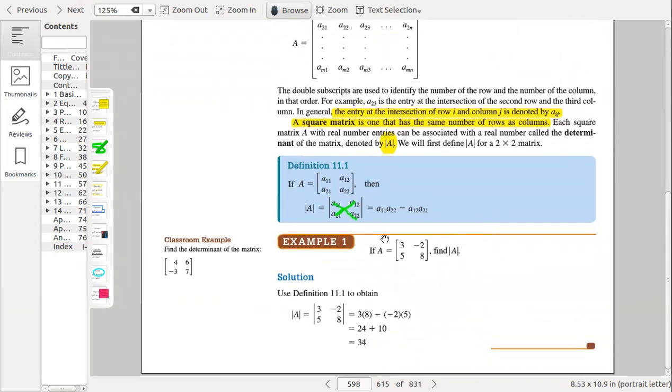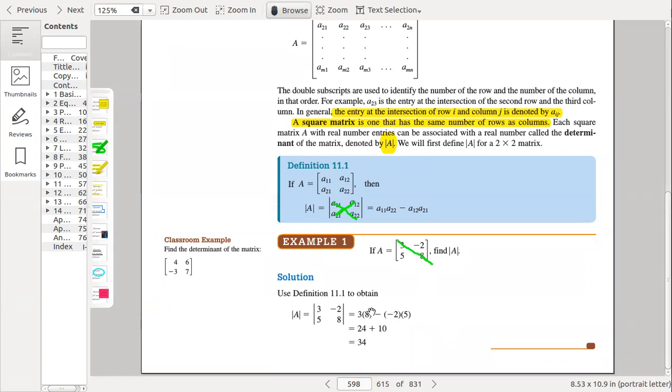Here is an example. If A has rows 3, minus 2 and 5, 8, how can we find its determinant? We multiply the first diagonal, 3 into 8, and we get 24.